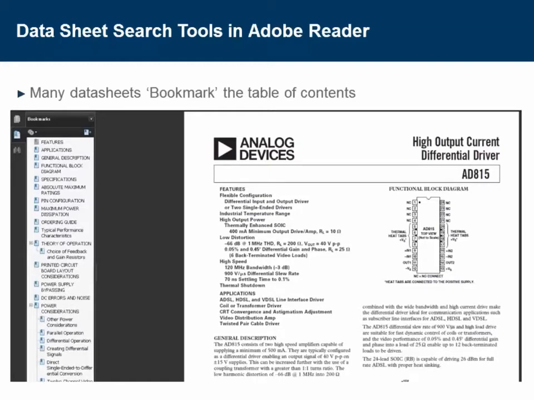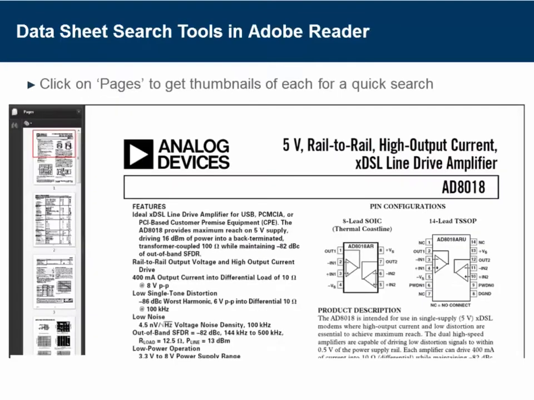We will often bookmark the table of contents, so you can walk down through the table of contents, click on it, and it'll take you to that page. You can also go to a thumbnail function, which shows you small versions of each of the pages that give you a better picture of what's in the data sheet, and you can quickly get down to the type of thing that you're interested in.